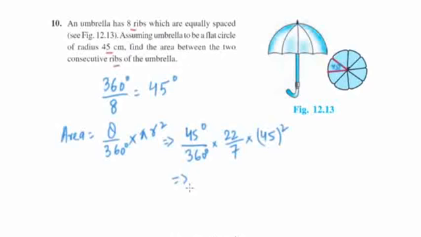And on solving this, we'll get the area as 22275 divided by 28 square centimeter. So we'll get the area between the two consecutive ribs of the umbrella as 22,275 divided by 28 square centimeter.